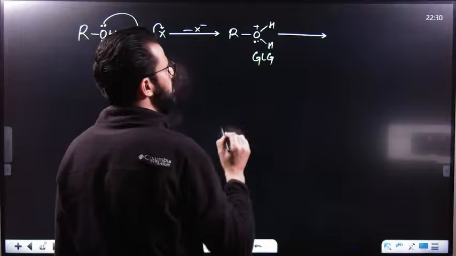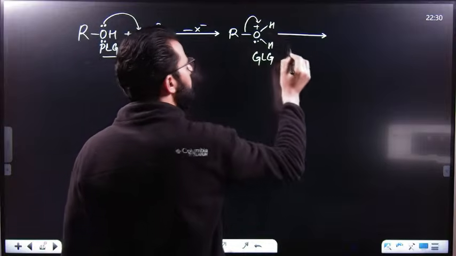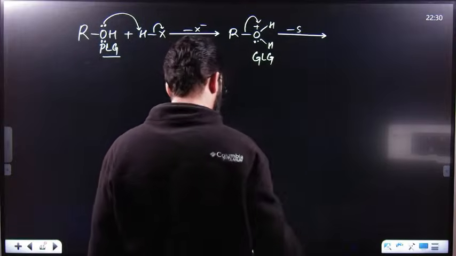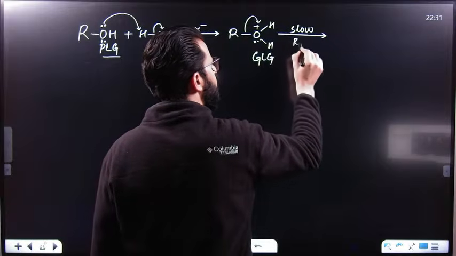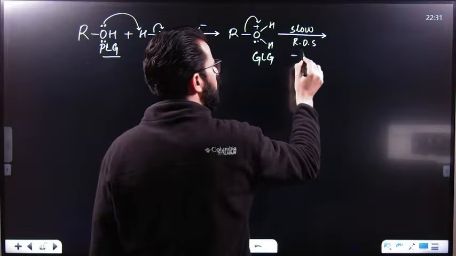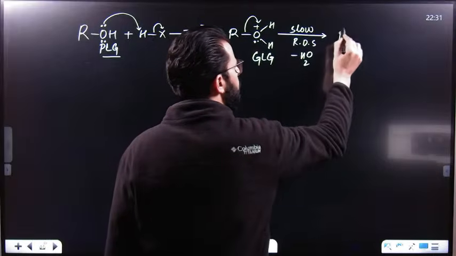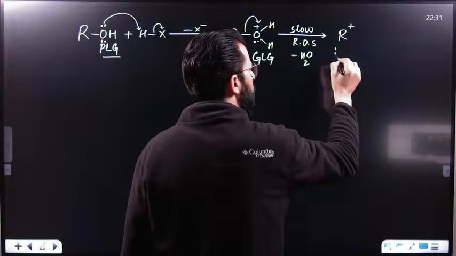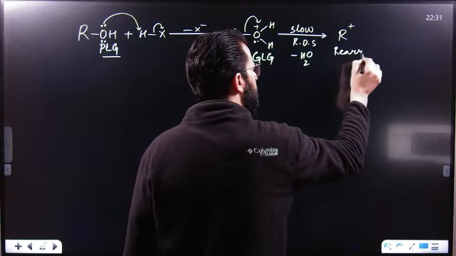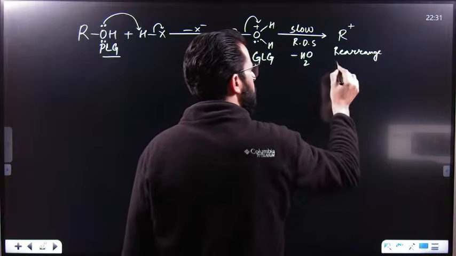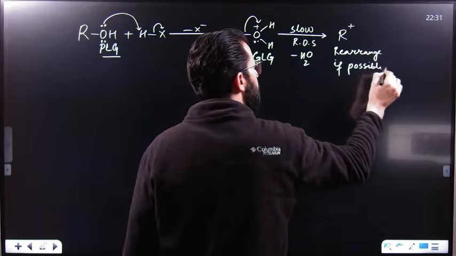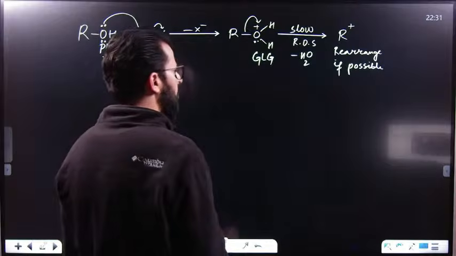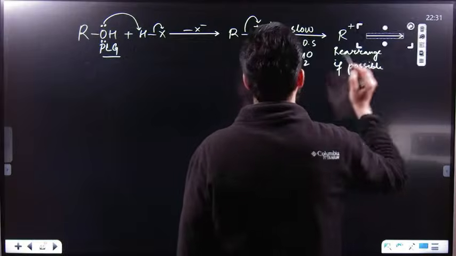H2O with a positive charge is a good leaving group. Now it will leave, and this is the slowest step, or rate determining step, of the reaction: the water will leave and result in the formation of a carbocation. Now, as the carbocation is formed, rearrange if possible. If rearrangement is possible, then we have to rearrange this carbocation first. After that, the nucleophile will attack.